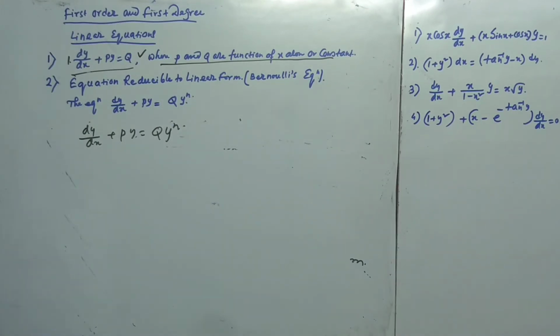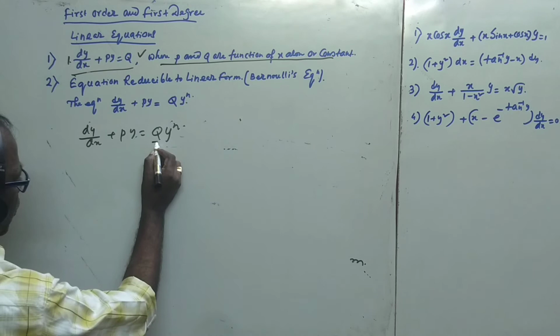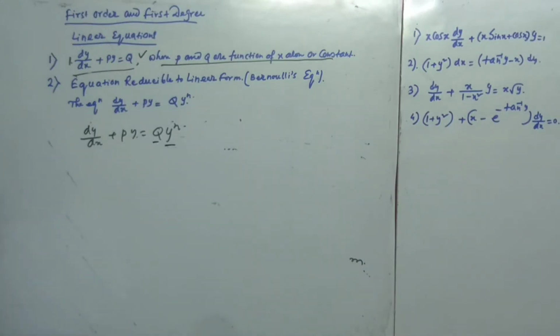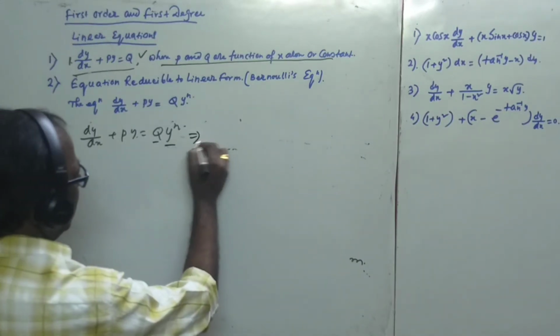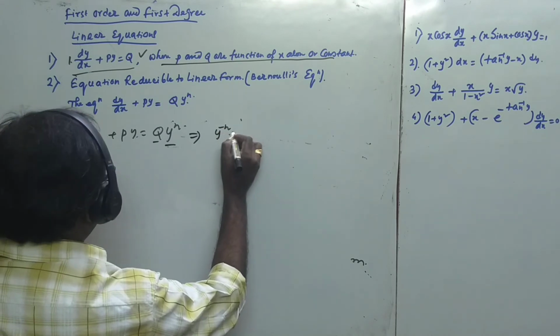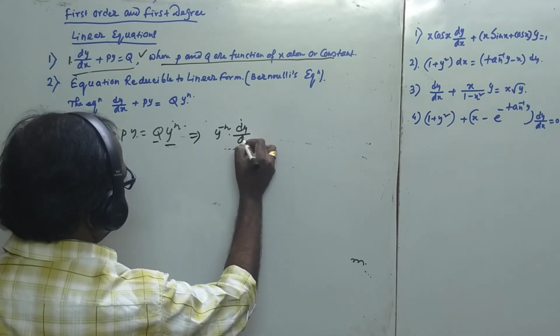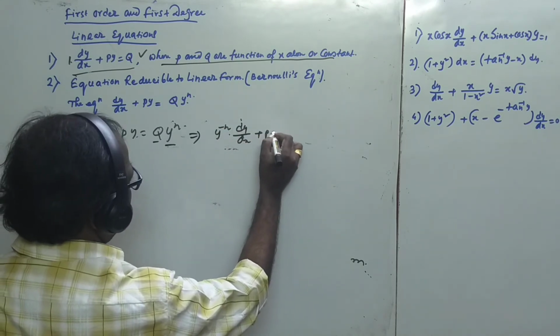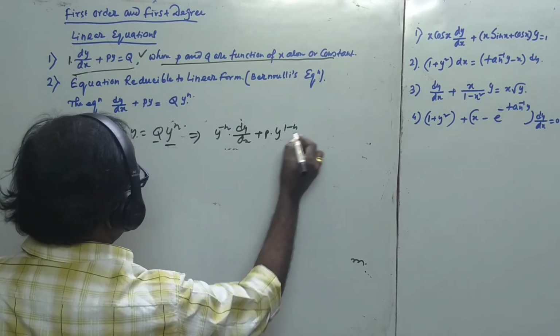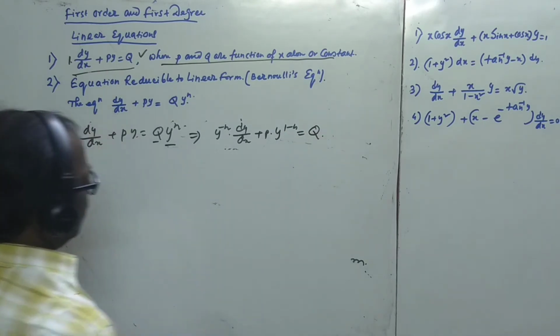Here p and q are functions of x alone, but q is related with y, so divide by y to the power n, that is multiply by y to the power minus n. So dy dx plus p into y to the power 1 minus n is equal to q.